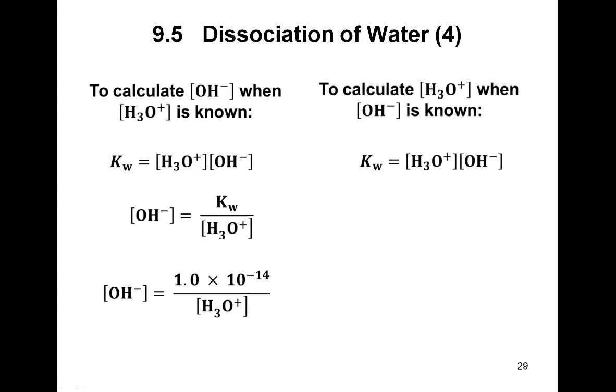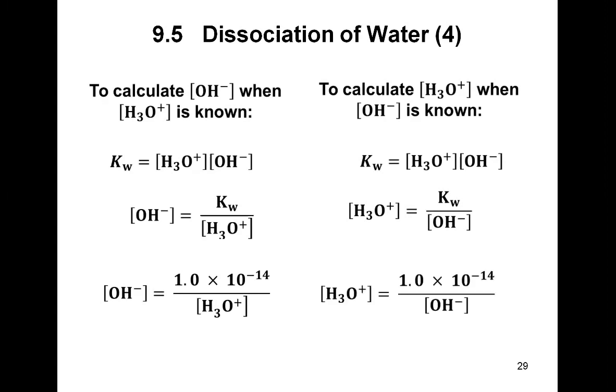We want to get rid of the OH- because we want to calculate H3O+. So we will divide both sides by OH-. If you divide both sides by OH-, you can see that OH- cancels on the right side, and you're left with H3O+ equals Kw over OH-. Knowing the value of Kw is 1 × 10^-14, that's the formula you would use.